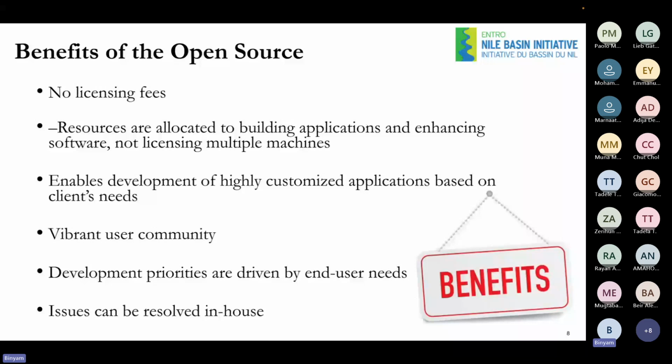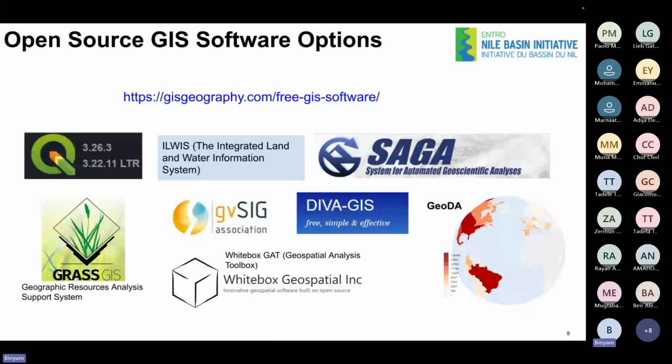When we come to open source GIS software, you have many options. You can use this link to check if there is an update on this open source GIS software. The main one is QGIS. There is also ILWIS, which was developed by an institution in the Netherlands. Then SAGA GIS, DIVA GIS, GeoDa, gvSIG, WhiteboxTools from Whitebox Geospatial Inc., and GRASS GIS.